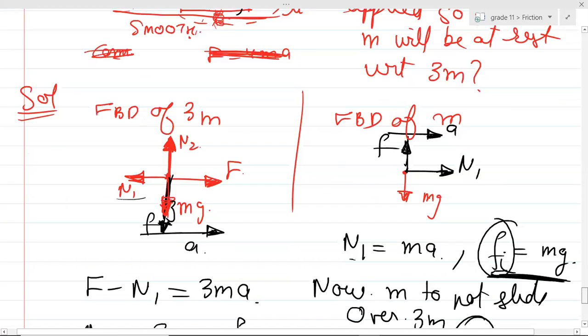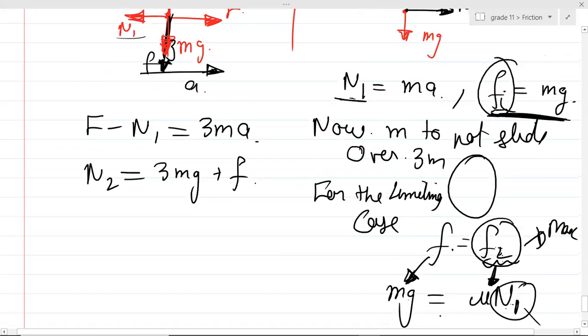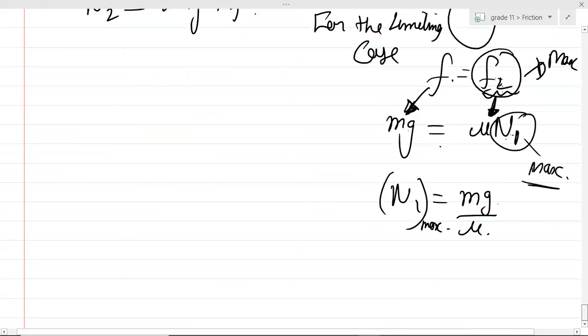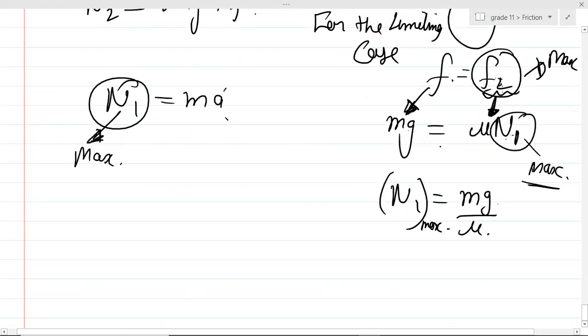Why do you require the maximum value? Because from here I'll do this. Can you see over here, N1 is equal to ma. If I make this maximum, this will automatically become maximum.